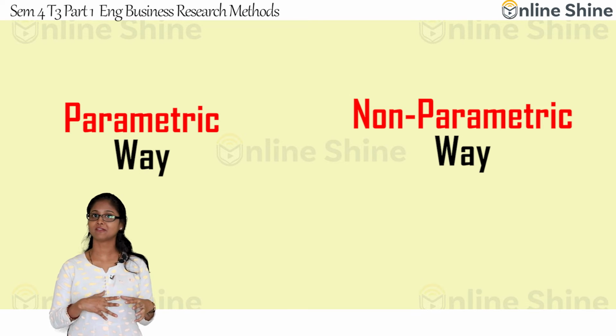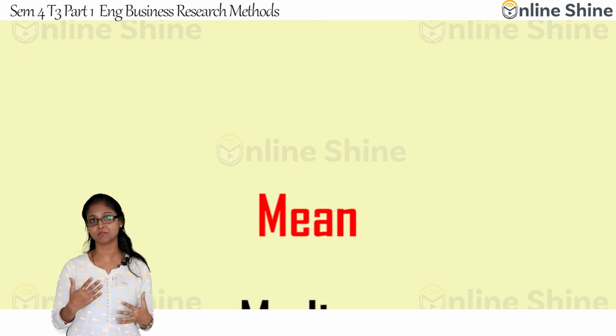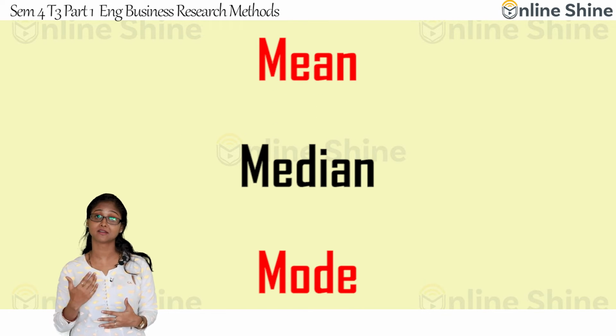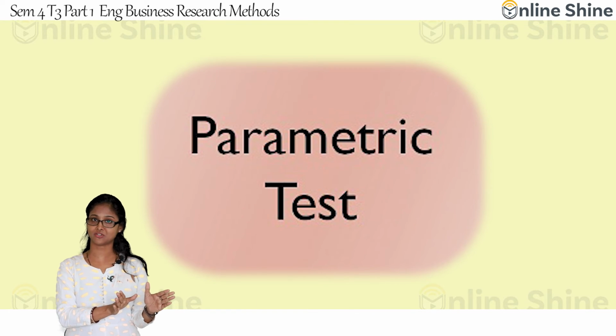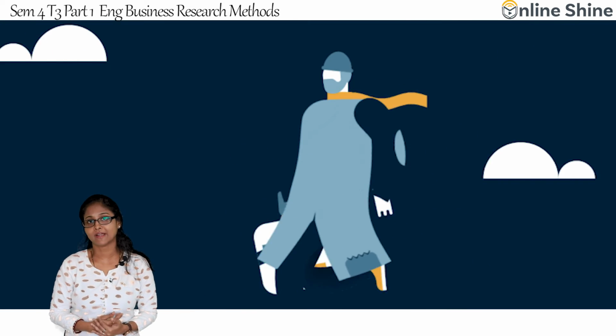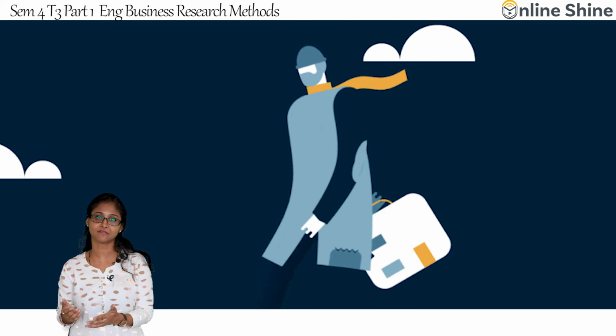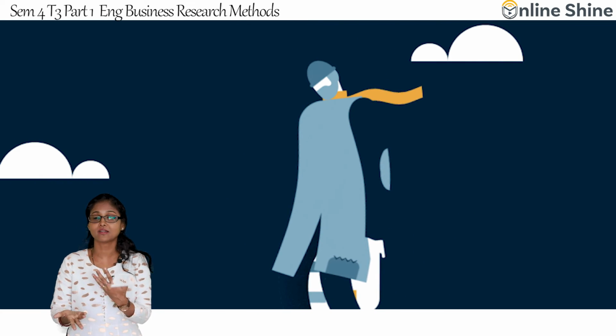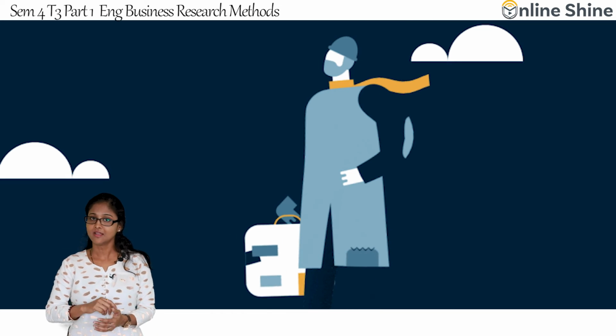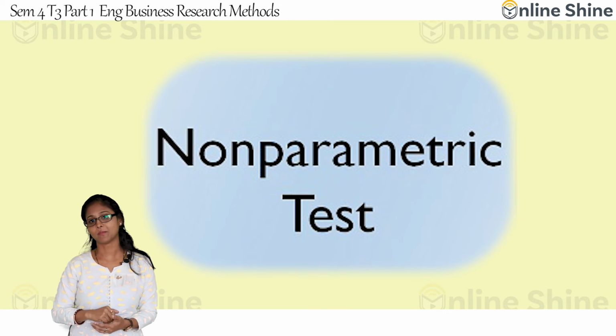Whenever you can find out the mean, median, mode and standard deviation of any statistics, it comes under parametric. And when you are not able to find out the mean, median, mode and standard deviation, or any statistical formulation cannot be applied to the data, that comes under non-parametric.